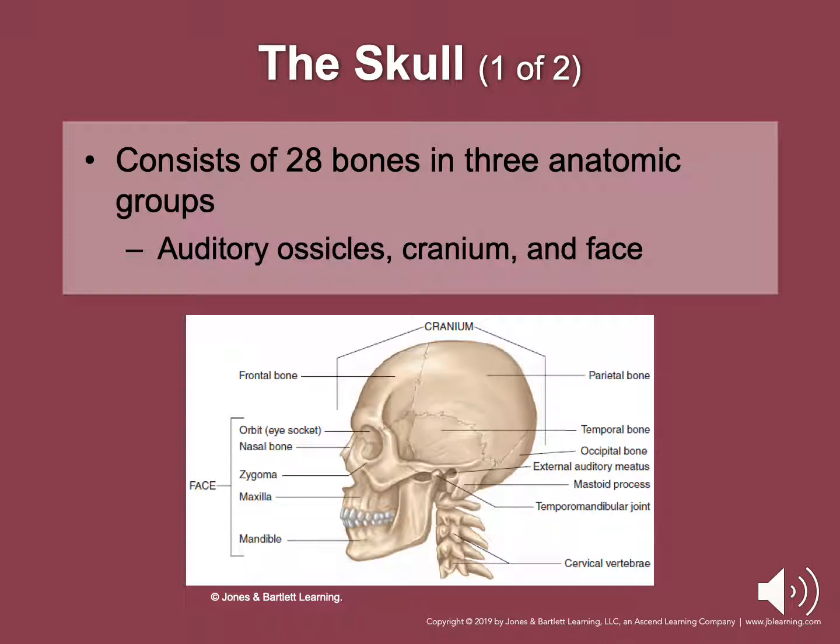All right, the skull consists of 28 bones in 3 anatomic groups: auditory ossicles, cranium, and face. So your cranium is made up of 3 different parts: your frontal, parietal, and temporal bones.